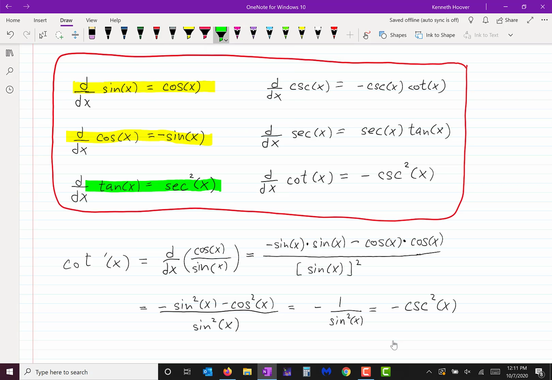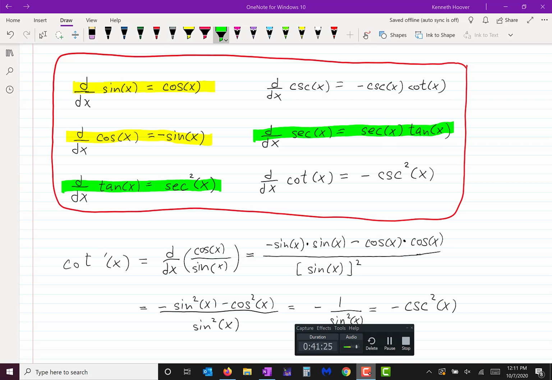This one and this one do come up more often than you would think, especially in Calculus 2. So you're going to need to have those memorized as well. But you might have to think about them for a second to remember them. That's fine. But the derivative of sine and cosine you should know so well that they will come out of your mouth before you even think about it. Okay? Or at least close to that. That's the goal. All right. That's all for today.